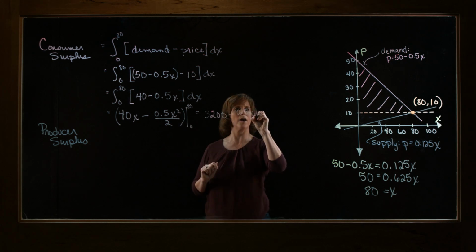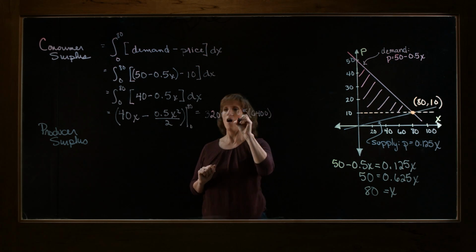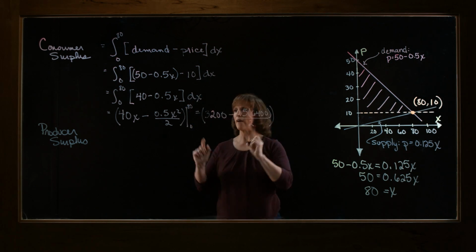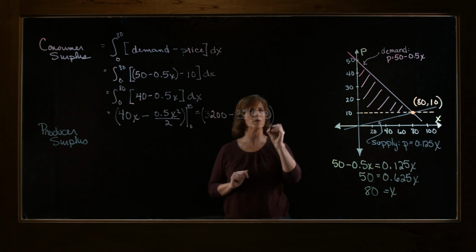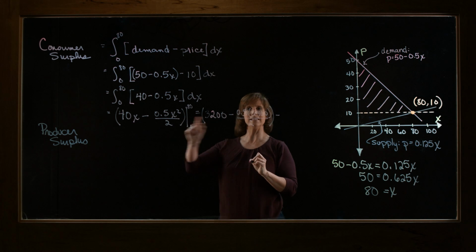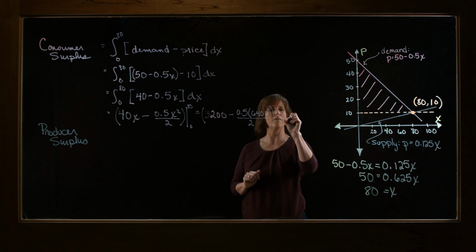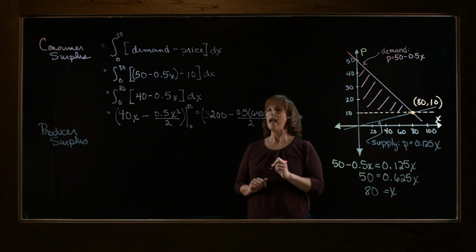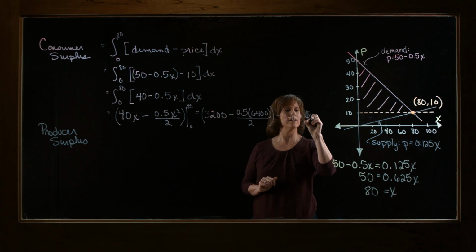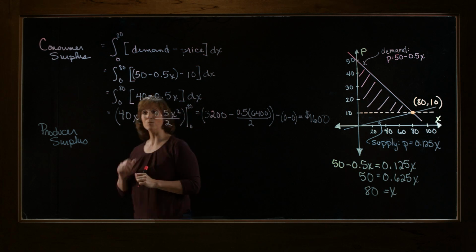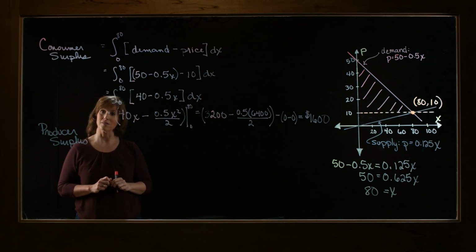This will be 6,400 all over 2. Now, don't forget, you have to subtract what happens when you plug in the lower limit. But that's an easy one. When you plug in the lower limit of 0, you just get 0. So this will be 0 minus 0. And the total is $1,600. So your consumer surplus is $1,600.